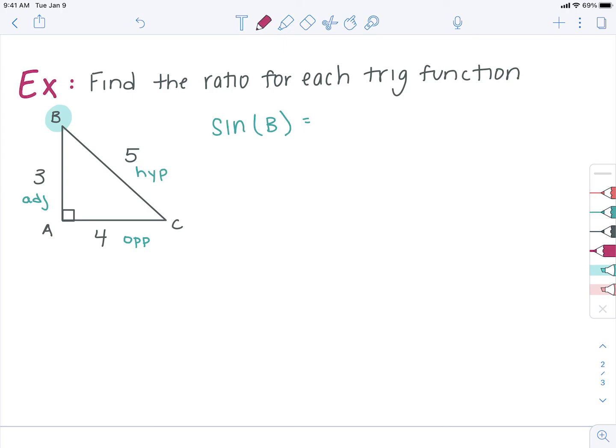I also like to remind myself, so, toa, when I go and do it. So if I want the sine of angle B, I want the opposite side, which is 4, over the hypotenuse, which is 5.